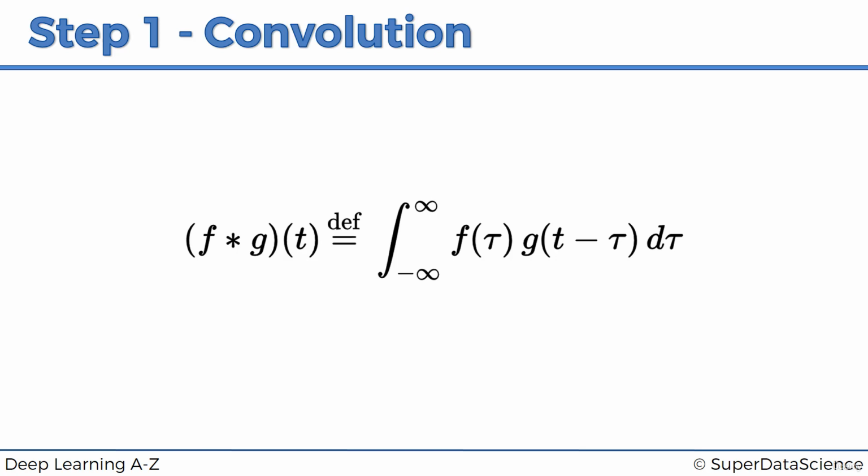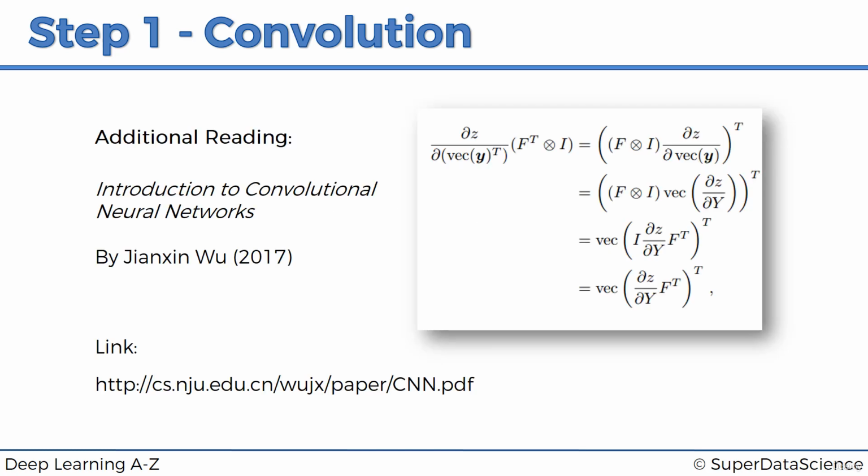And if you'd like to get into the math behind convolutional neural networks, a great additional read is Introduction to Convolutional Neural Networks by Jianxin Wu, who is a professor at Nanjing University in China. This paper was published literally days ago, like 5 or 6 days ago, and it is oriented specifically at beginners who are getting to know convolutional neural networks.